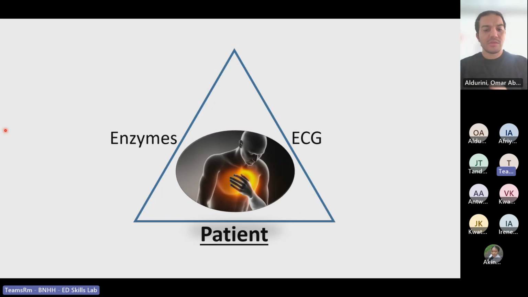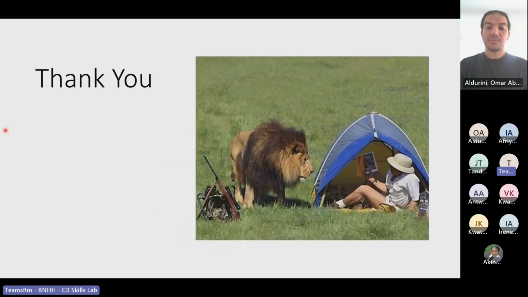If the complaint is not correlated, and we have done the ECG just to make sure that everything is right, then most likely we won't get anything out of our ECG. And if we do an ECG, it must be accompanied by enzymes if we are thinking about ischemia or something affecting our heart.